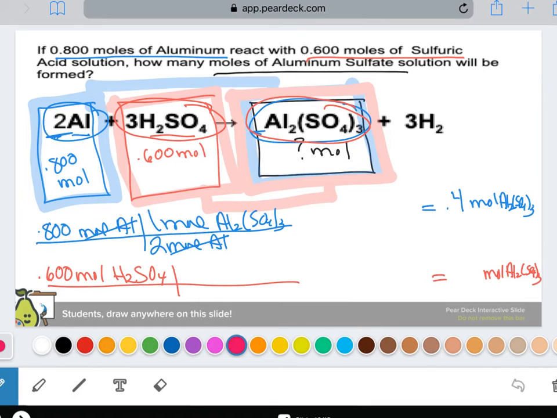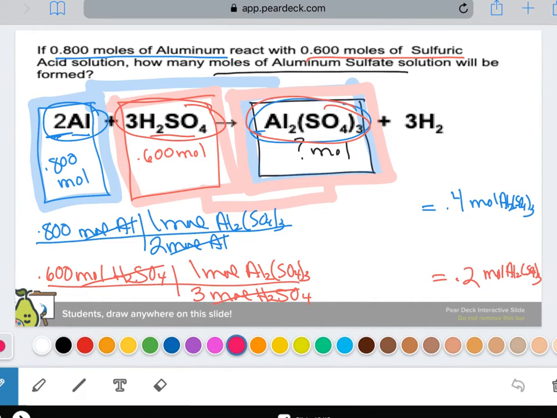And so I'm going to use a 3 to 1 ratio. I'm going to use my factor labeling skills to recognize that I want to put the sulfuric acid on the bottom and the 1 mole of aluminum sulfate on the top. Moles of sulfuric acid cancel, and I have aluminum sulfate on the top. So this one, I'm done. 0.600 divided by 3, I get 0.2 moles of that.